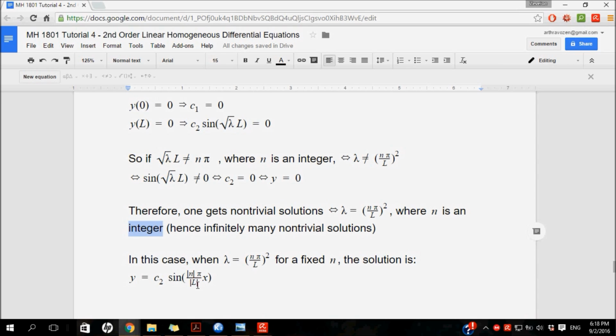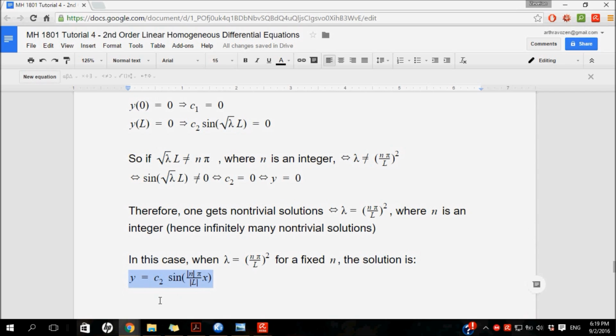That is why we have here sine of the absolute value of n times pi, which is always positive, divided by the absolute value of L times x.